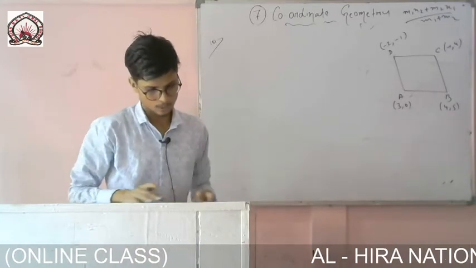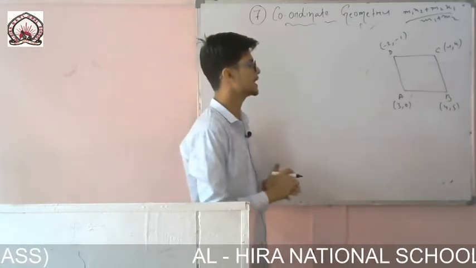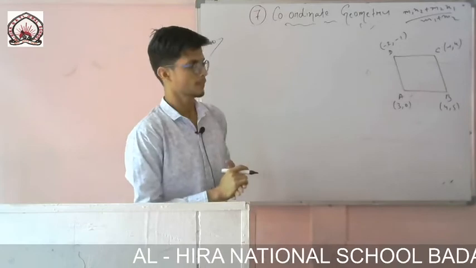The question is to find the area, and the formula is half of the product of the diagonals.